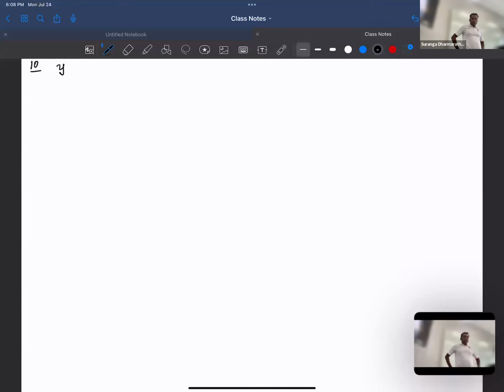Okay, so we are here. We have this problem, y equals 5t to the power -3 plus 7t to the power -8/3.